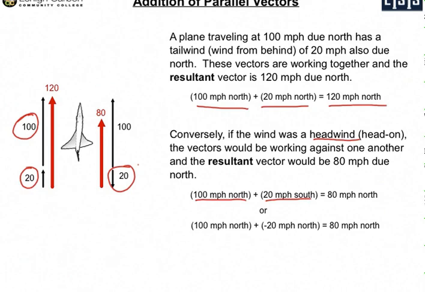Recognizing that south is opposite to north, you would subtract and get 80 miles per hour north. Or you can do it this way, where you have your 100 miles per hour north for your airplane, and put in that your headwind is actually minus 20 miles per hour north, because it's heading in the opposite direction. And you still get your 80 miles per hour north as your overall vector.